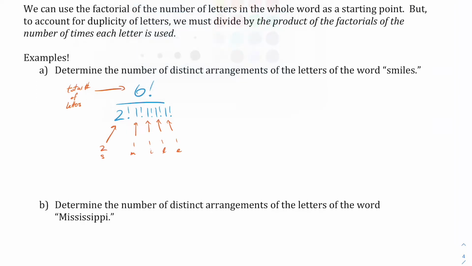It is necessary that we say it's 6 factorial over 2 factorial. So it's 2 factorial allowing us to account for the duplicates. And if we punch that in the calculator, this gives me 360. So there are 360 rearrangements of that word.